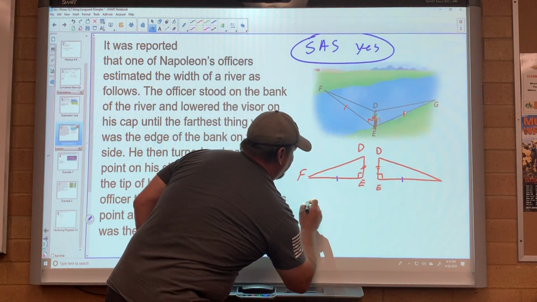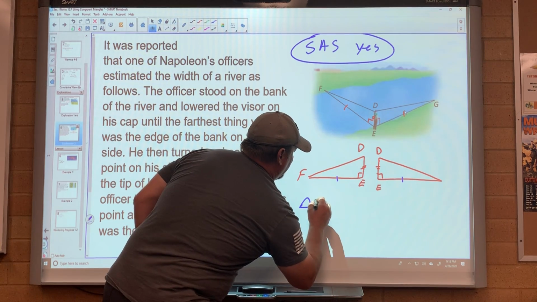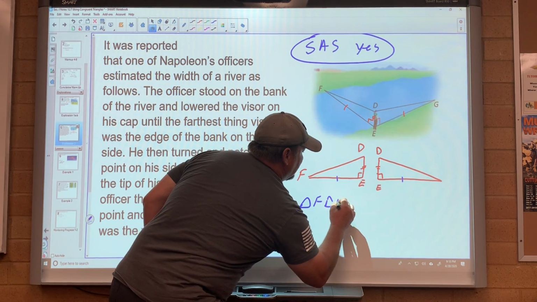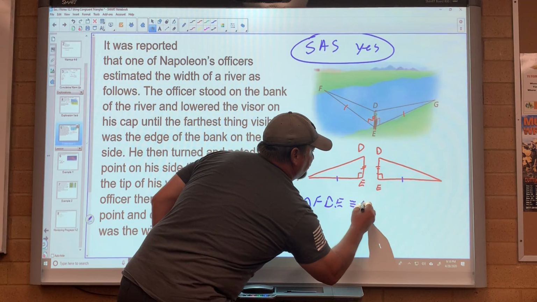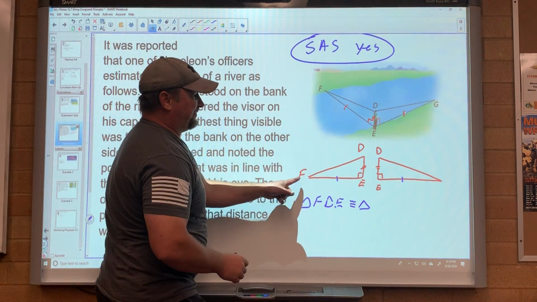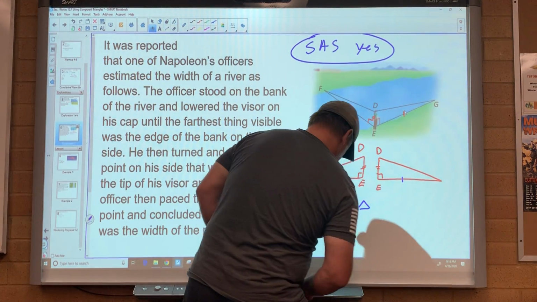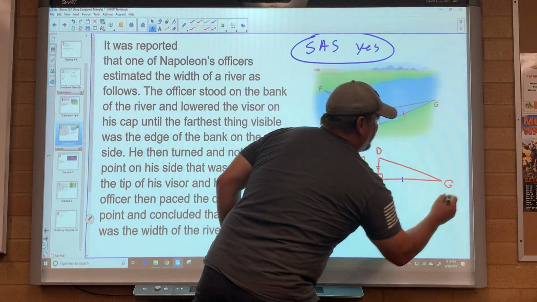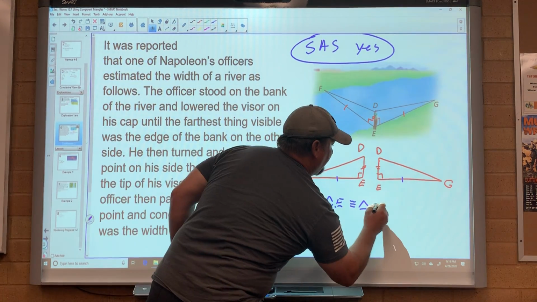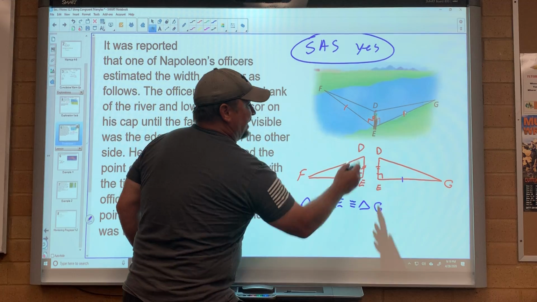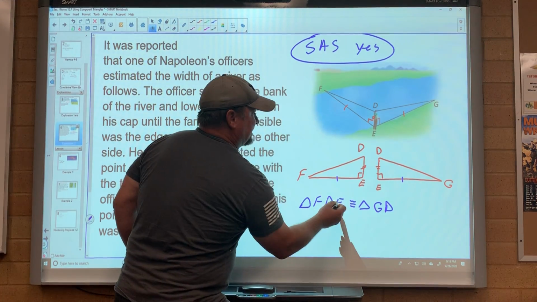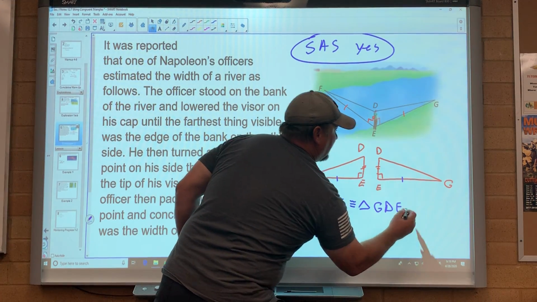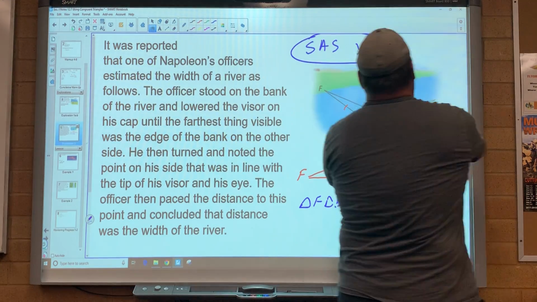So we would say triangle FDE is congruent to triangle. If I said F, I've got to say G. And then if I said D, I've got to say D. And if I said E, I've got to say E. And the distance he wanted was across the river.